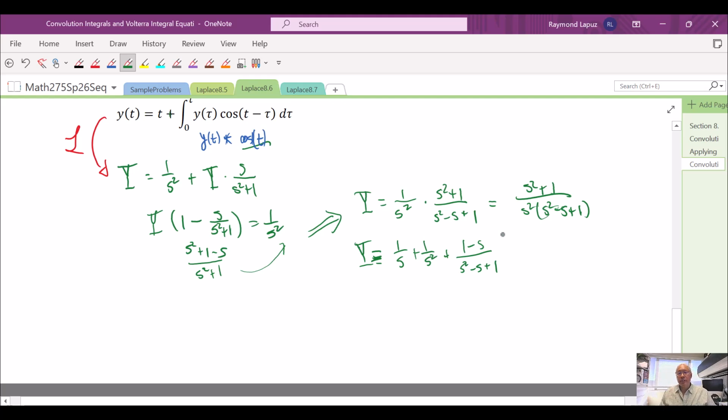And I think for us to work with this rational function here, we're going to need to complete the square and do a shift. Okay. So what does that mean?